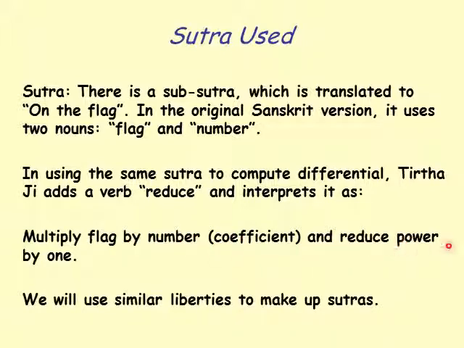We will use similar liberties to make up sutras here. We will just play with these two nouns, flag and number, and make up sutras to use in addition, subtraction, multiplication, and division of monomials in algebra.